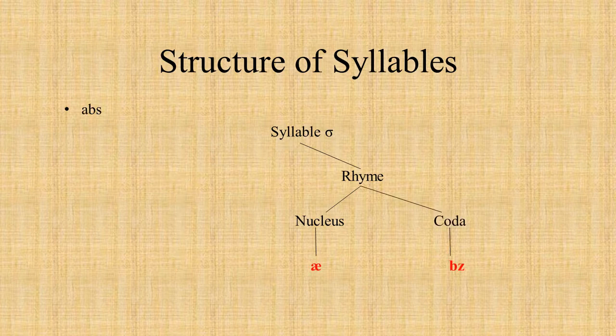The word abs shows that onsets are not always present. Here, the closed syllable starts with the nucleus, which is the vowel a, and is followed by the consonant cluster bz, which represents the coda. The last example shows that both the onset and the coda are not a must-have. The personal pronoun I consists of only the nucleus.